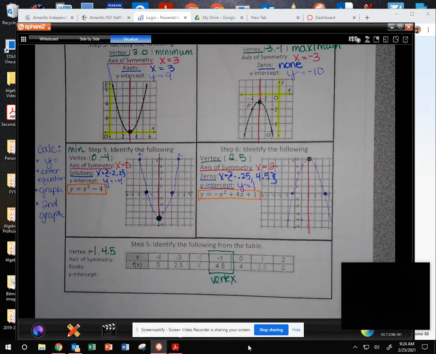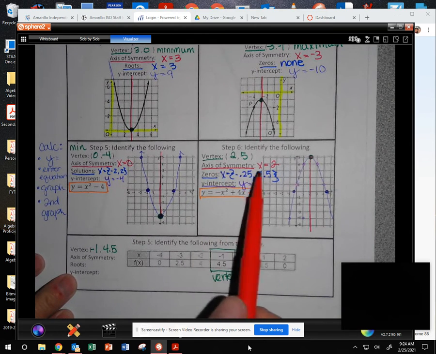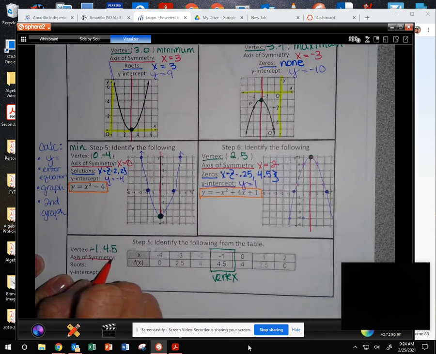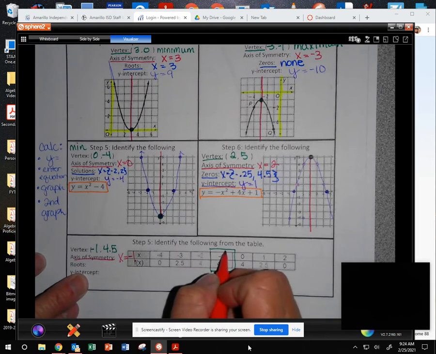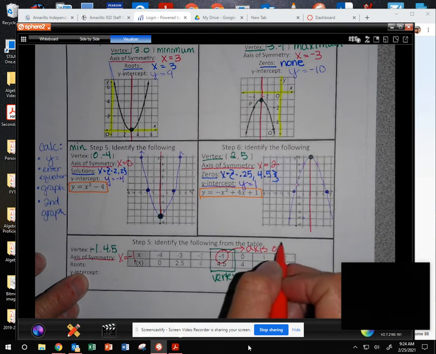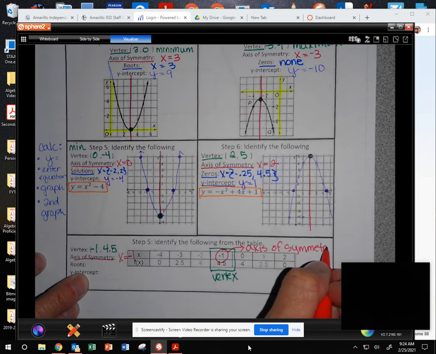So what would my axis of symmetry be? Well, if I remember that my axis of symmetry is my x from my vertex, then I'm going to know that my axis of symmetry is x equals -1. So this is your axis of symmetry.